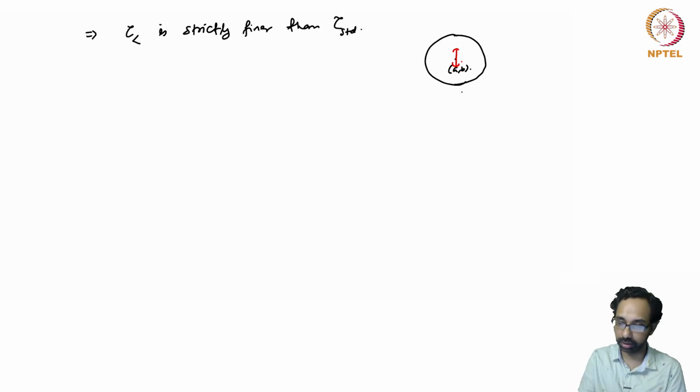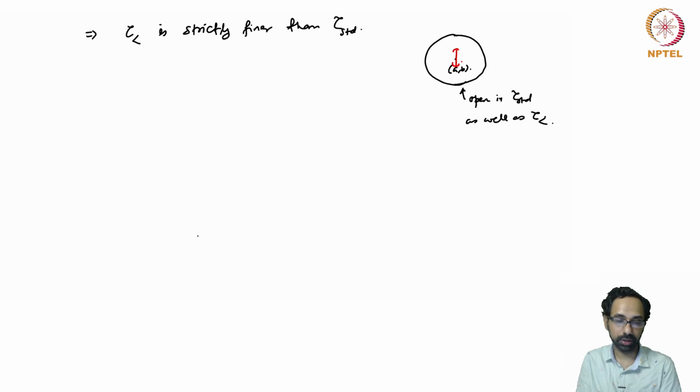So this set is open in tau standard as well as the order topology. So this means that the order topology with the dictionary order is strictly finer than the standard topology.